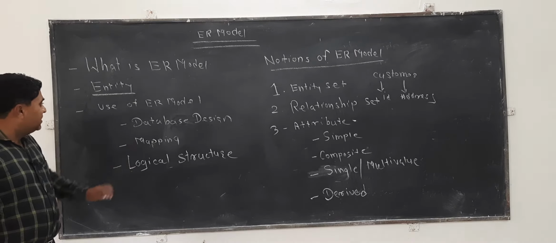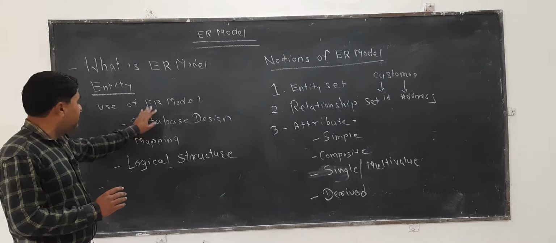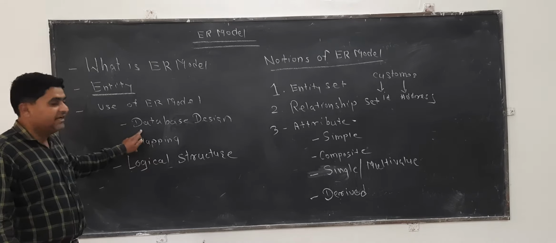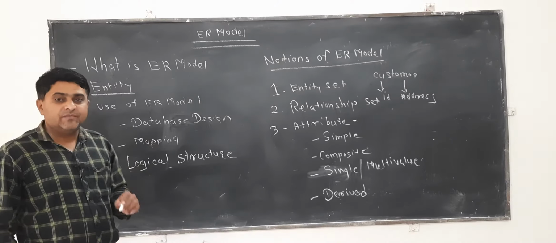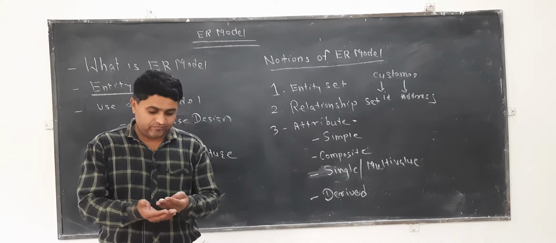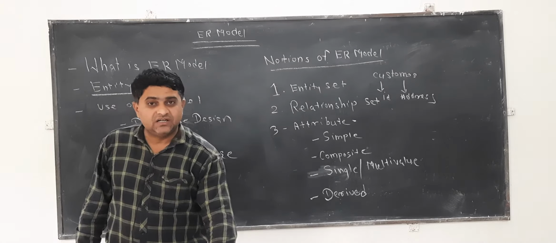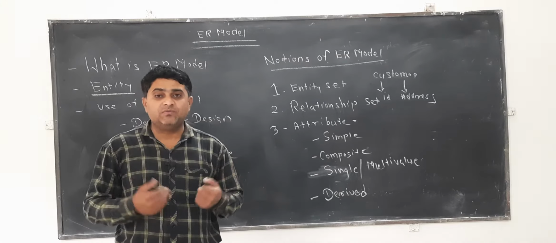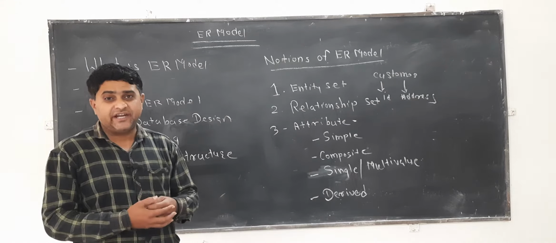First use: the entity relationship model is used in database designing. It plays the most important role in database designing. For example, we do transactions, we retrieve data from the database, we delete any entry, we modify any entry.